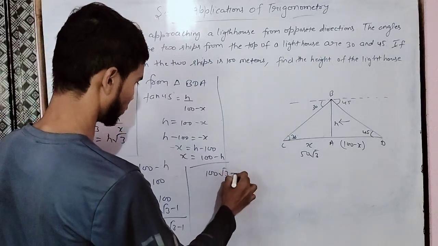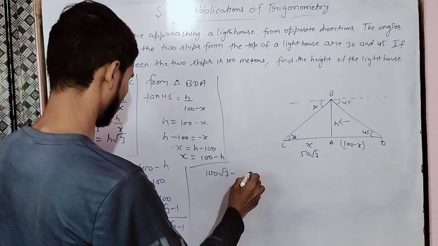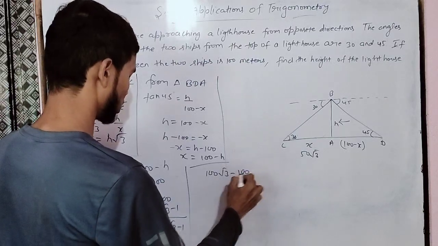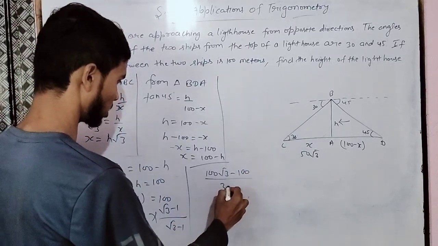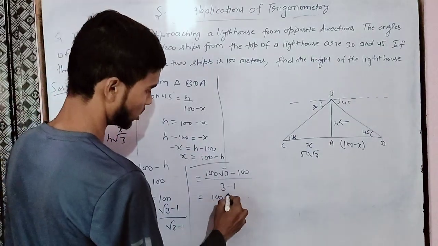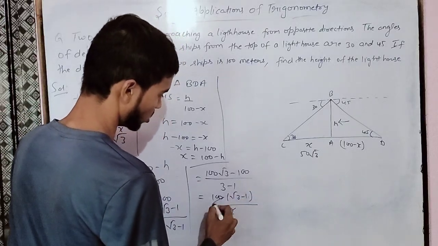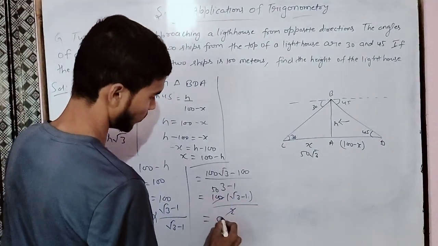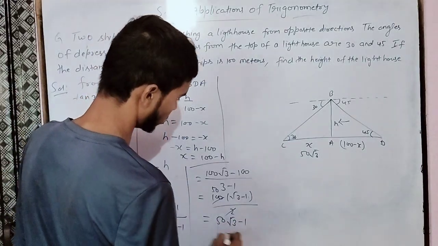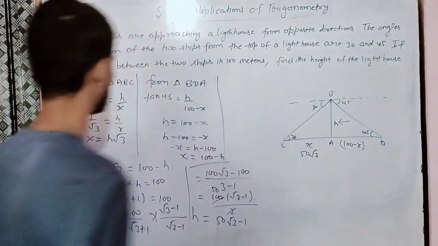From here we can get 100 root 3 minus 1 upon 3 minus 1. So 100 root 3 minus 1 upon 2, 50. 50 root 3 minus 1 is the height of this tower.